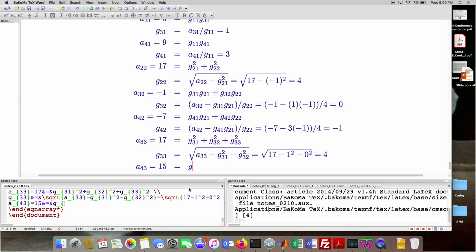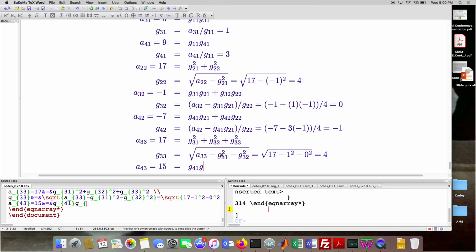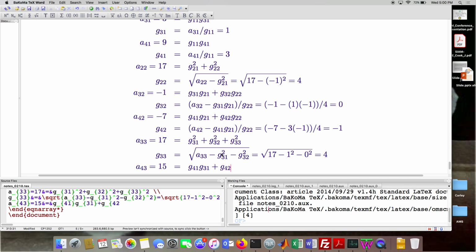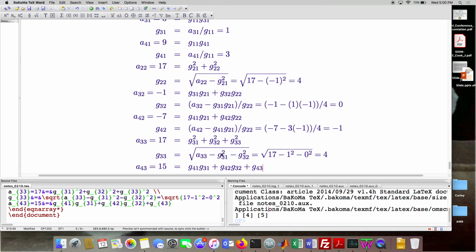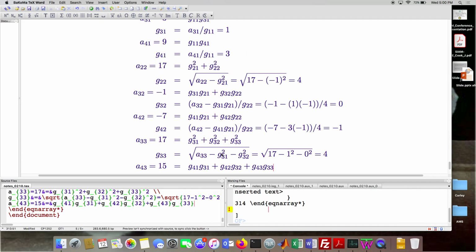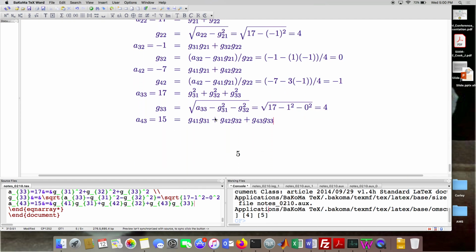Okay, 4th row, 3rd column, so it's going to be G41 G31 plus G42 G32 plus G43 G33. Again, the column indices count up from 1, 1, 2, 2, 3, 3. The row indices, 4 and 3, 4 and 3, 4 and 3, that's the entry we're trying to get.